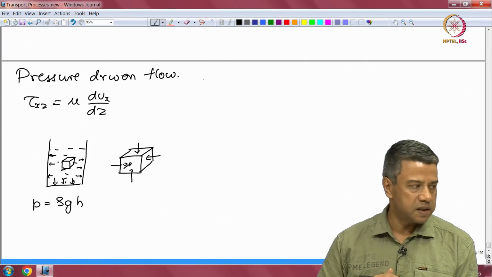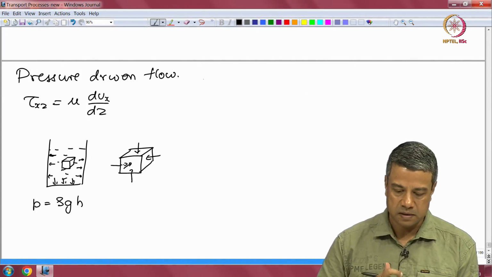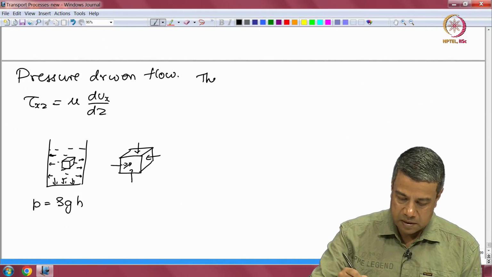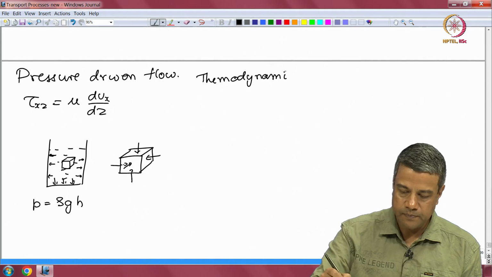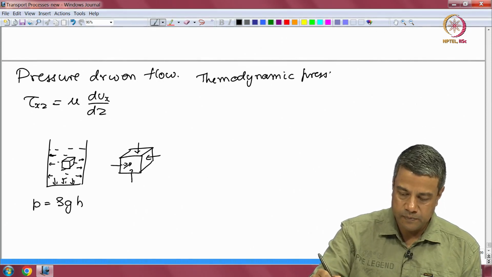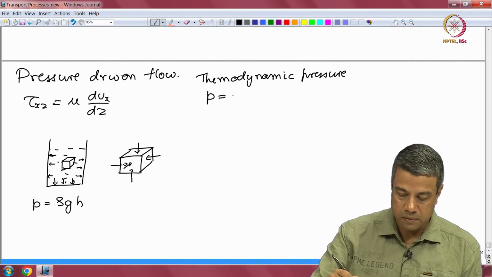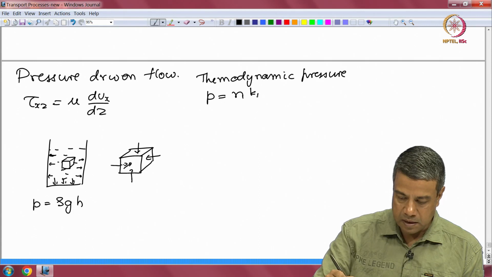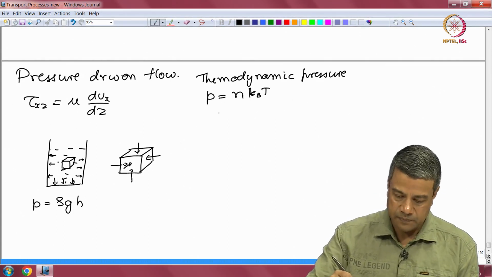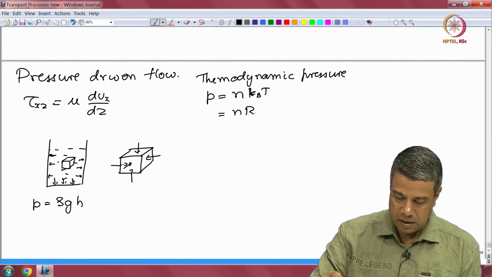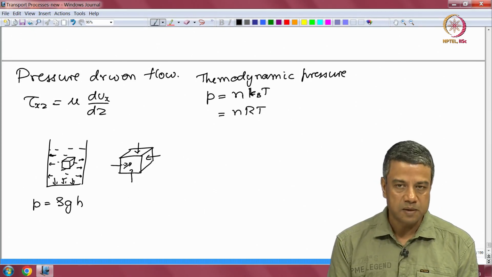Now, the definition of pressure could be in one of two ways. One is what is called the thermodynamic pressure, for example, given by the ideal gas law, P is equal to n kBT if you express n as the number of molecules per unit volume, or n RT if you express it as the number of moles per unit volume, where T is the absolute temperature.